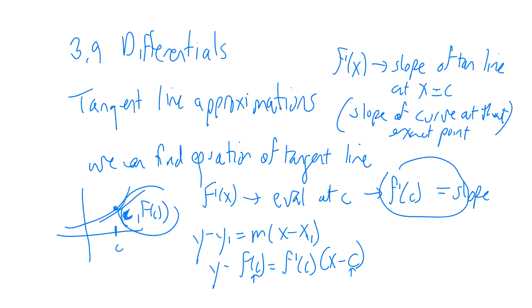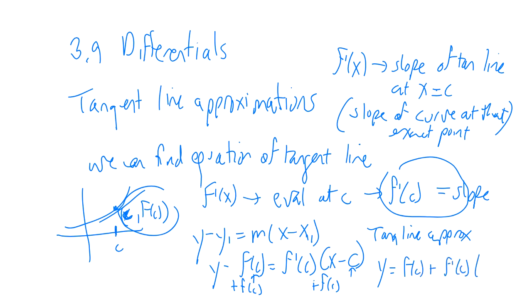And then the tangent line approximation is taking this and adding this to both sides. So this is what we call the tangent line approximation. That is y is equal to f of c plus the derivative at c times x minus c. It's essentially the equation of the tangent line, and we use it to approximate things, which is what we're going to be doing next.